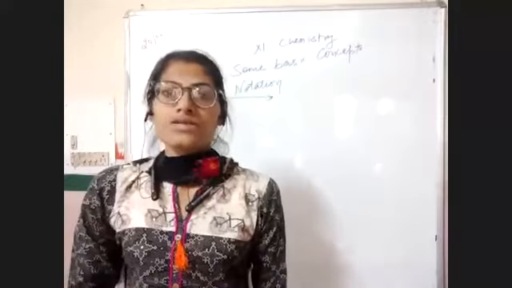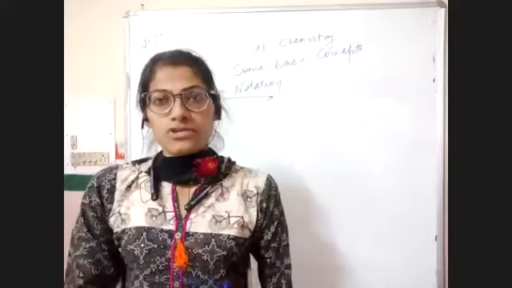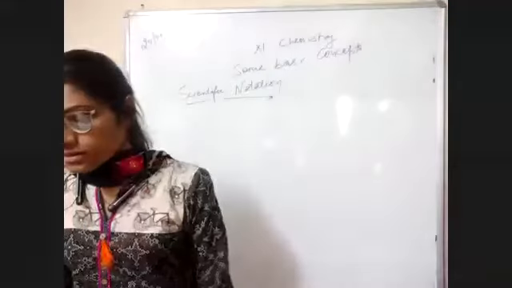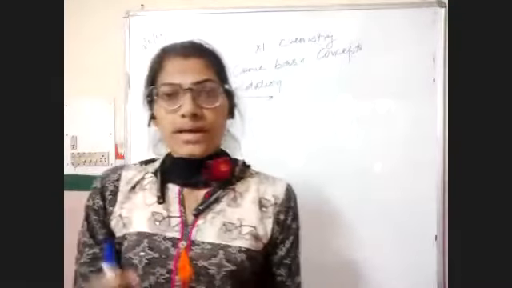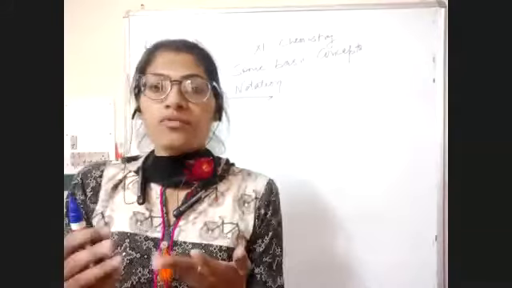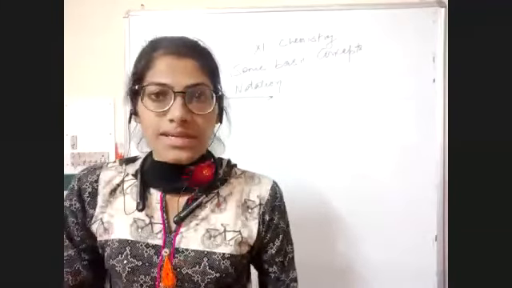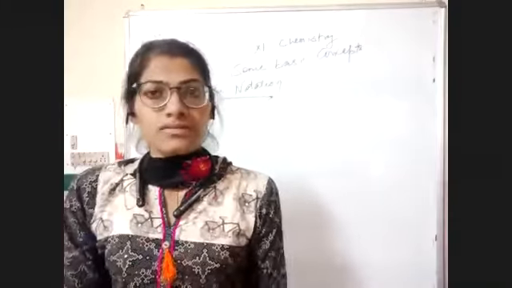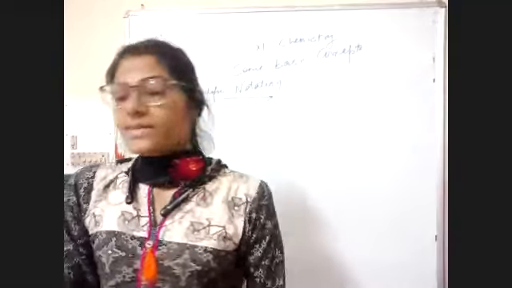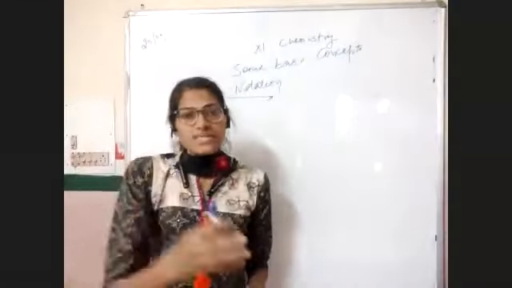In the very last class, we discussed the basic concepts of chemistry, in which we studied very simple concepts like what chemistry actually is, why we need to study chemistry, and what the branches of chemistry are, that is physical, inorganic, and organic. Besides that, we studied some basic physical and chemical properties.